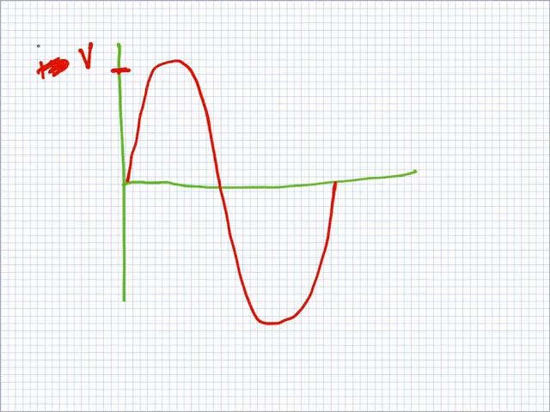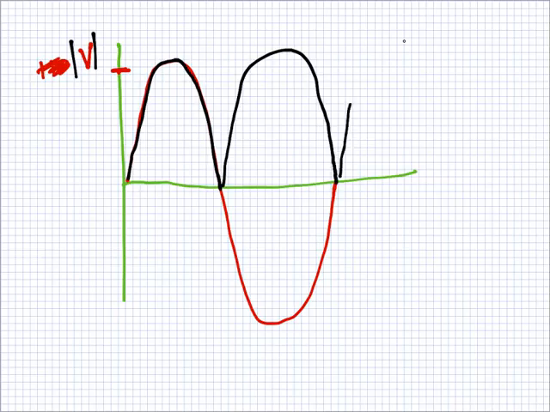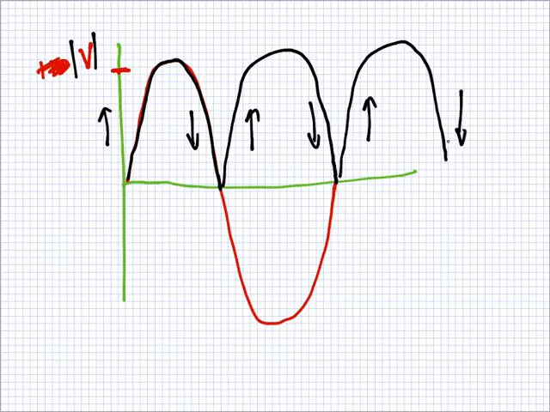Okay. So let me give you the idea for this. When we look at the voltage, we don't care if it's positive or negative for these problems. So if we look at the positive only, the graph instead looks like this. The voltage goes up and down and up and down, and we want to know what the average is.